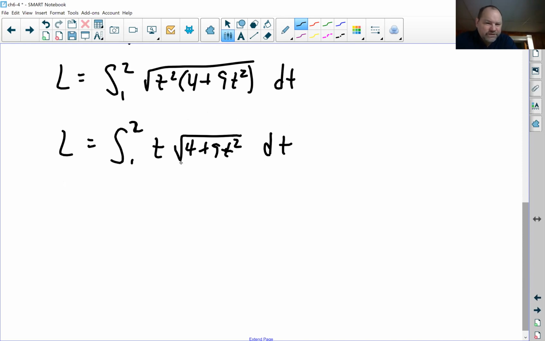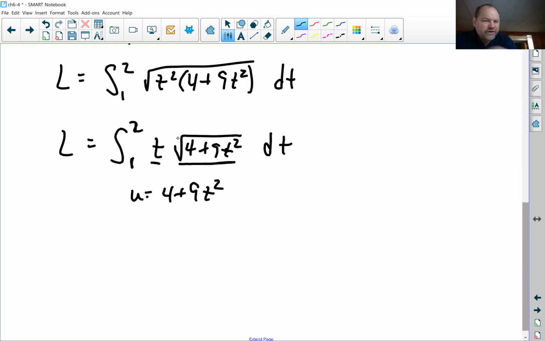Now I have a composite function times this other function. So there are usually two choices when we get to this point. Either it's going to be integration by parts, or it's going to be substitution. The nice thing is for this one, it's substitution. So just when you thought you would never see substitution again.